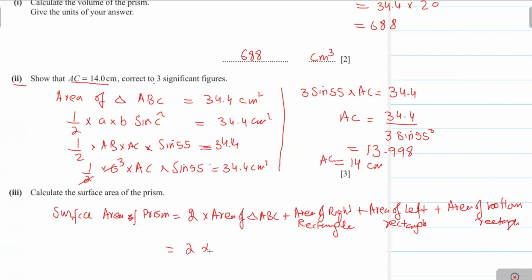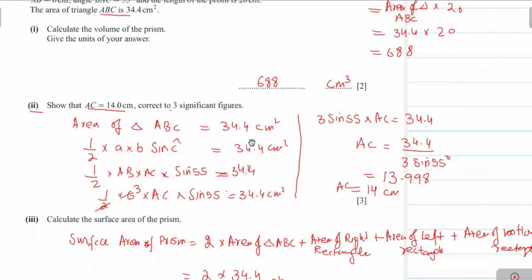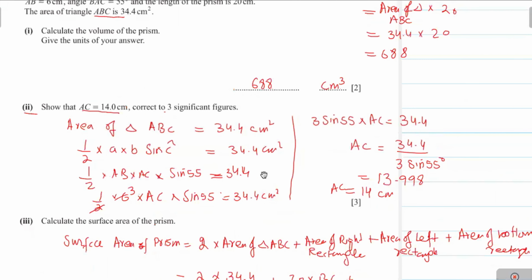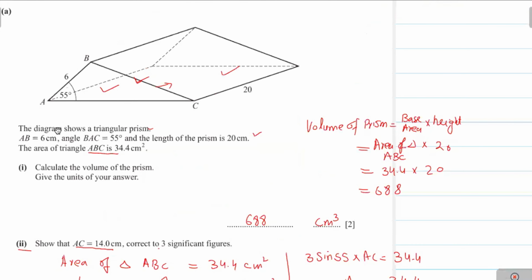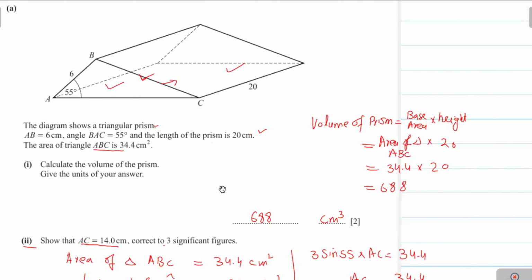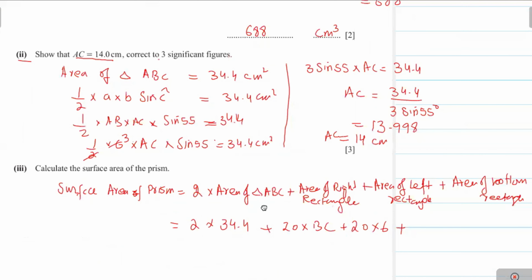Now 2 into the area of triangle ABC is 34.4 plus the area of the right side rectangle. You see here, this length is 20 and this is the length of BC. We multiply 20 multiplied by BC, plus the area of the left rectangle. This length is 20 and the width is 6, 20 into 6, plus the area of the bottom rectangle.